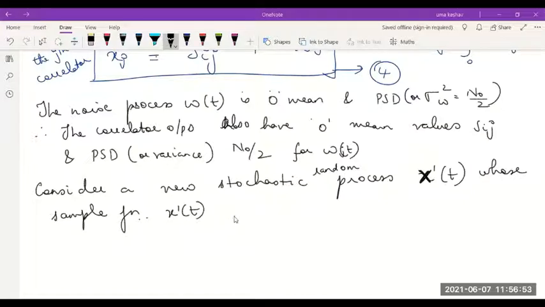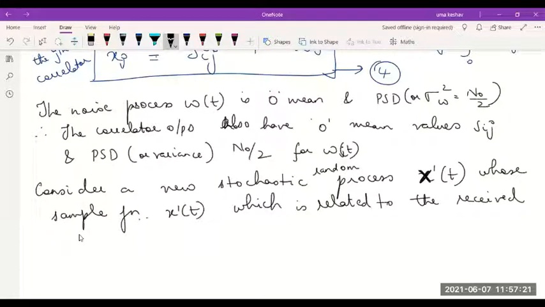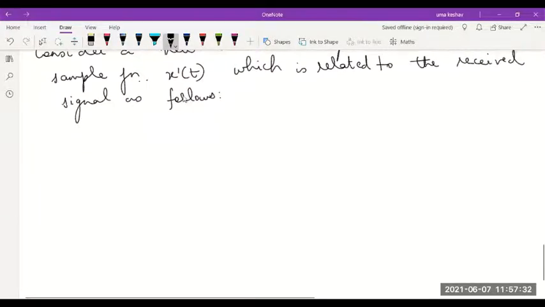So now to find what is the end result after the analyzer, let's consider a new random process x dash of t, which has a sample function small x dash of t, which is related to the received signal as follows. So let me just consider a new signal which is related to the received signal as shown below.